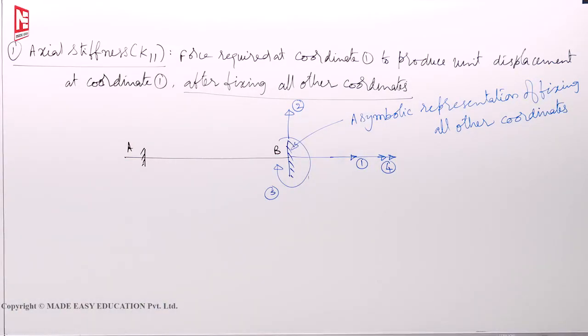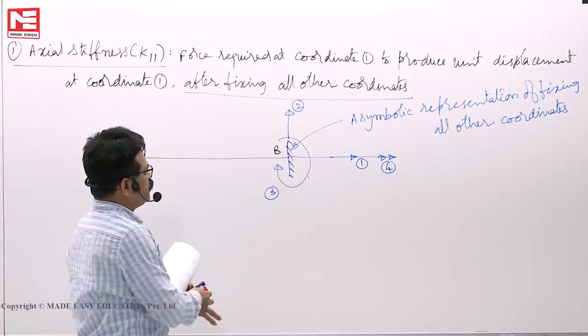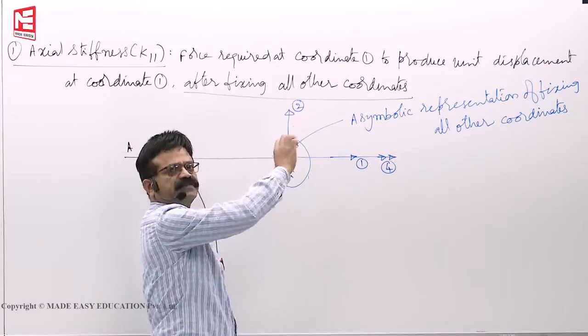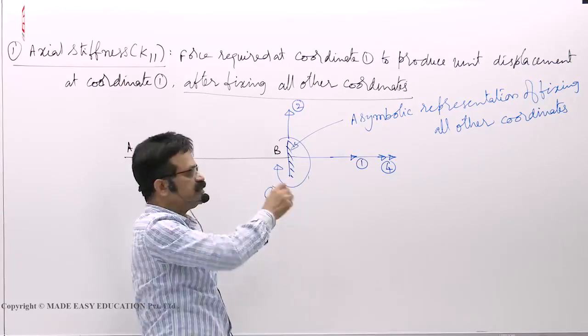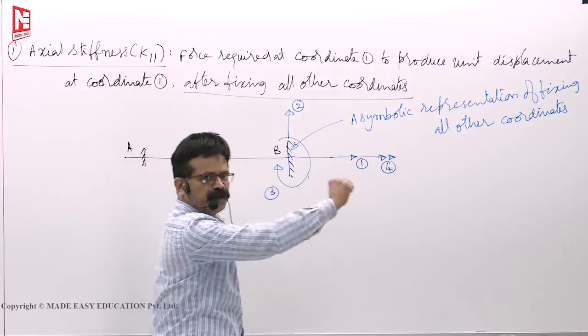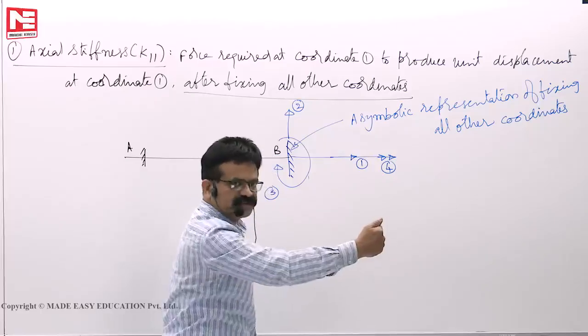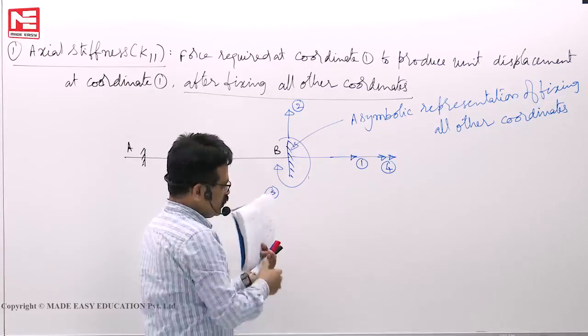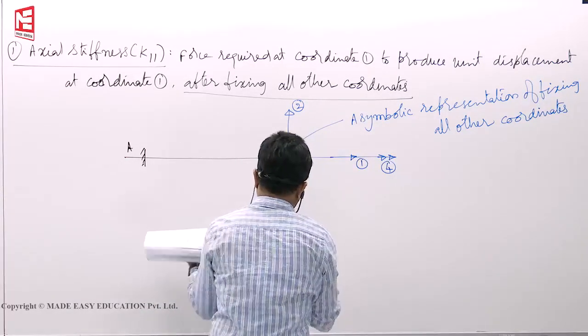Then apply unit displacement. Now you see, don't permit it to deflect, don't rotate, don't twist, hold, pull by 1. Then how much force is required for that is the axial stiffness.